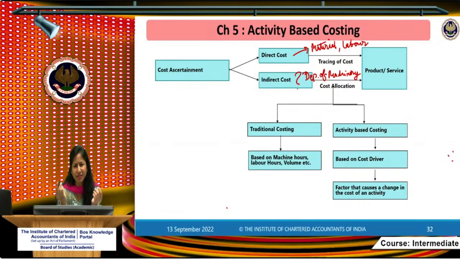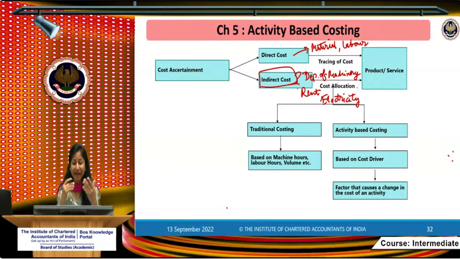Any other cost which can be indirect? Yes, rent. Where the production is happening, you are going to pay the rent. It is not directly related to a particular product, but it is used for production, for manufacturing. That area rent paid will be taken as indirect cost. Any other cost? Yeah, electricity. Definitely, this is indirect cost.